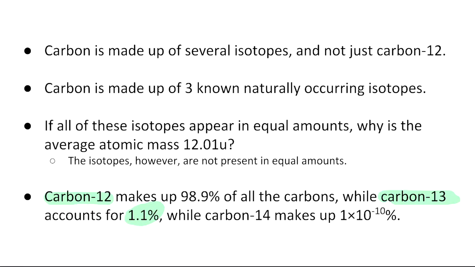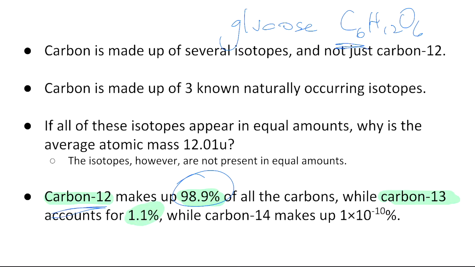If we think about carbon dioxide in the atmosphere, or the carbon found in glucose, C6H12O6, 98.9% of this carbon is made up of this specific isotope. 1.1% is made up of an isotope of carbon that contains one additional neutron.